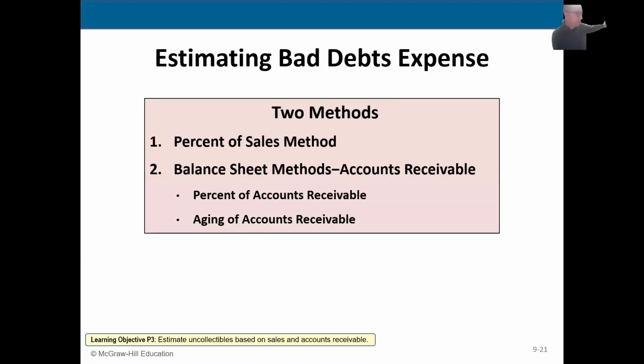I looked at my last year or two to determine how many customers didn't pay us by looking at the ending balance of accounts receivable at the end of the year. And I figure I'll apply a percentage that's just not going to pay us. It's usually a pretty low percentage, 1%, 2%, 3%. That's typical. The other method for estimating bad debt expense is what we call using the balance sheet, based off of percentage of accounts receivable and the aging of accounts receivable. And I'm going to show you what all of this looks like.